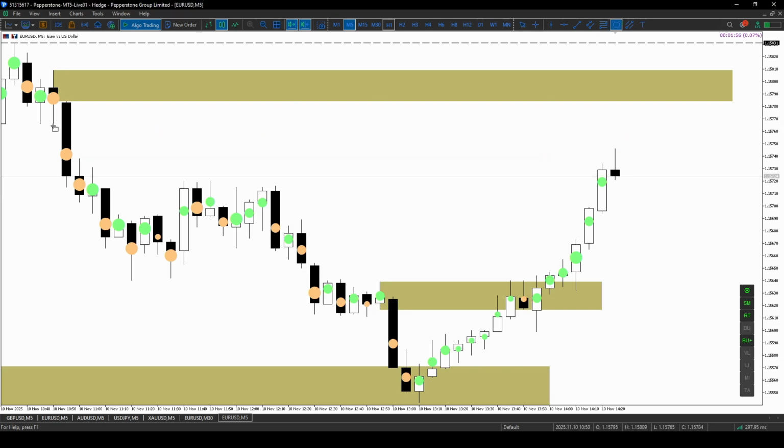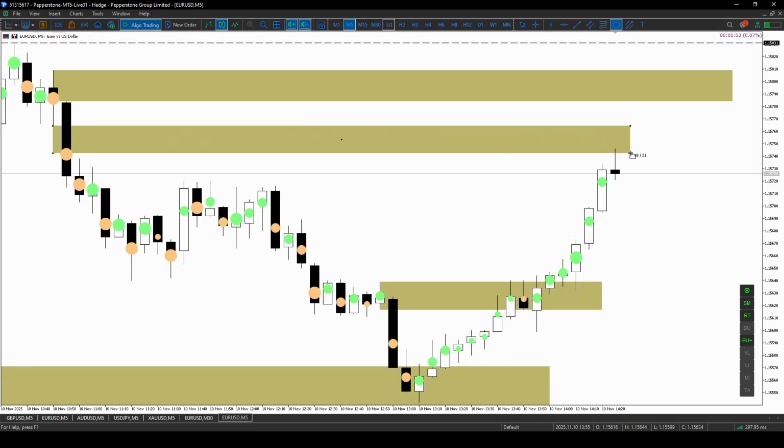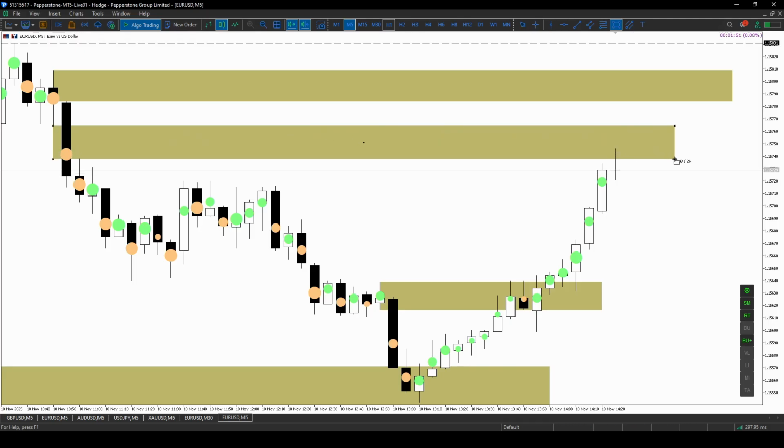Here is the fair value gap, and price nicely respected that area. Medium trades. Let's see. I will depend on volume. So if volume respects this area, yeah, sure, we will go short.